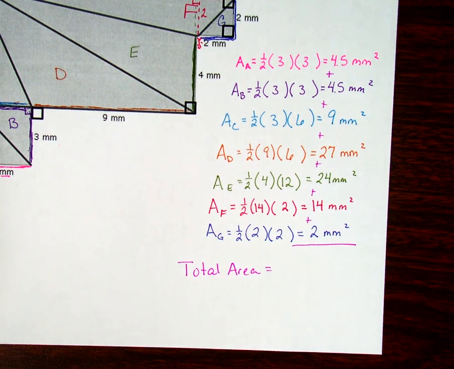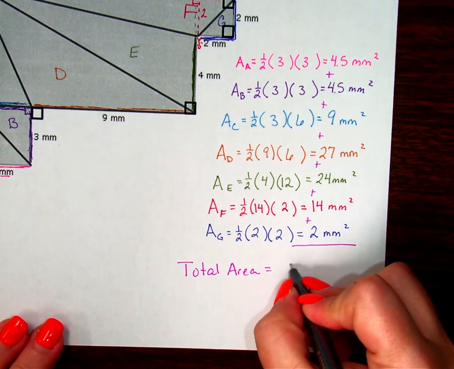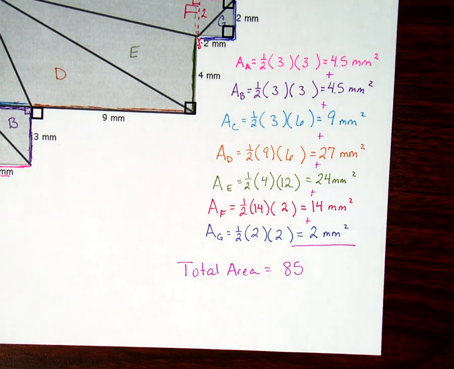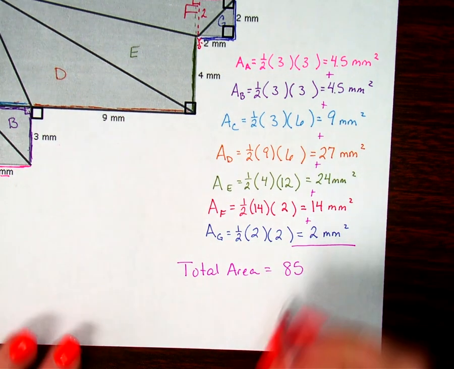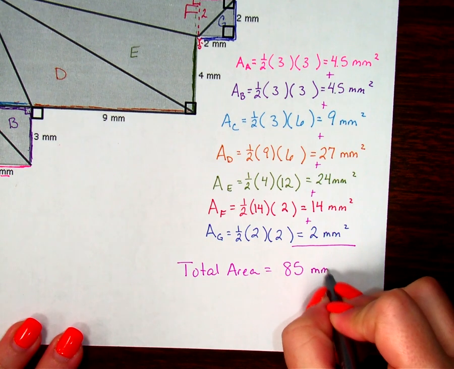So when I do that, 4.5 plus 4.5 plus 9 plus 27 plus 24 plus 14 plus 2 is 85 units. So 85, and then remember it's area, so it's squared units. The 85 is not squared, the millimeters are squared.